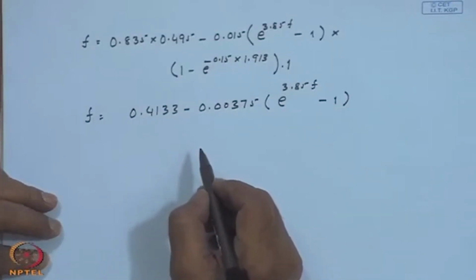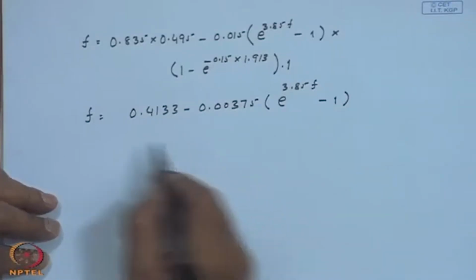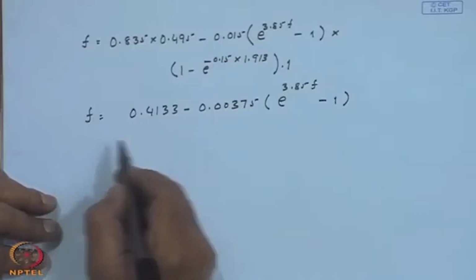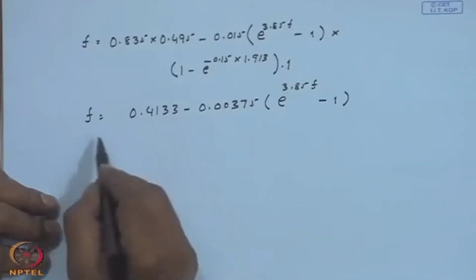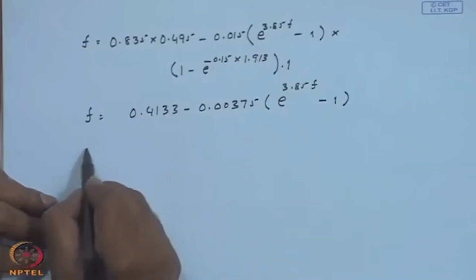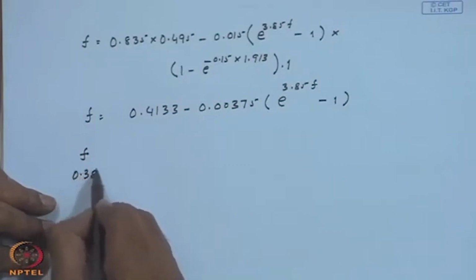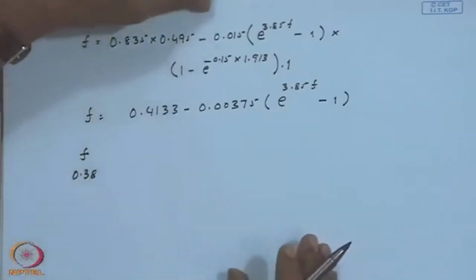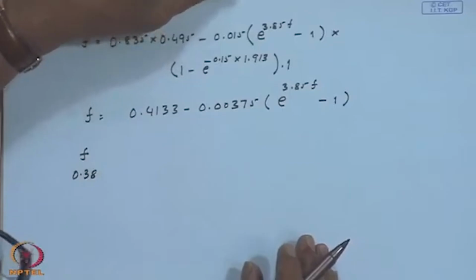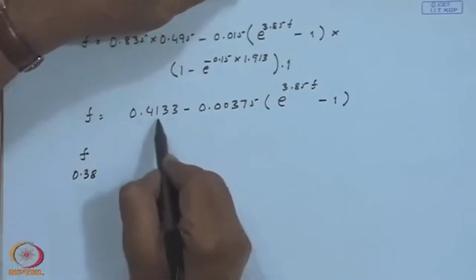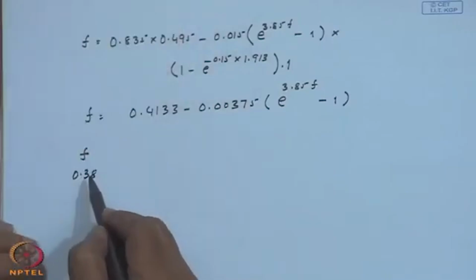So, that is right. We will start with a guess of F. Let us take it as 0.38, because we calculated by the F chart. If it is to be close, it could be 0.438 and should be less than 0.4133. So, it justifies that I will choose some value like 0.38.